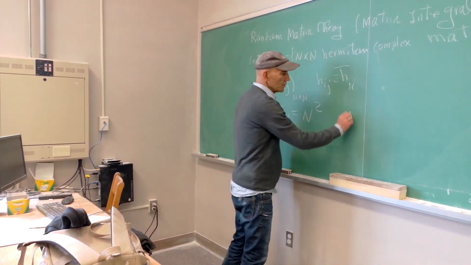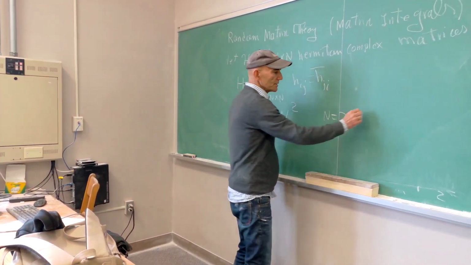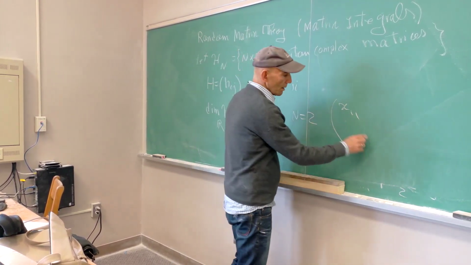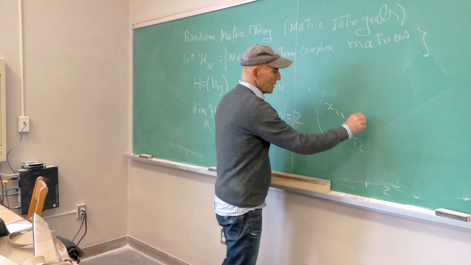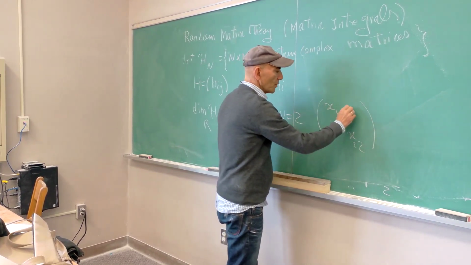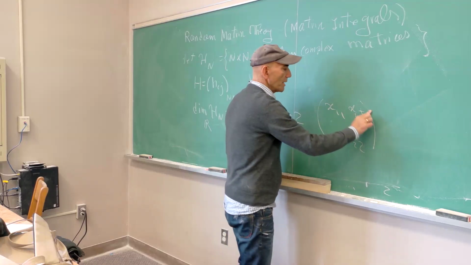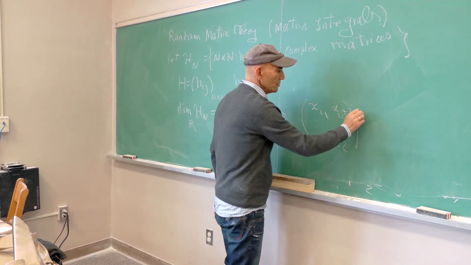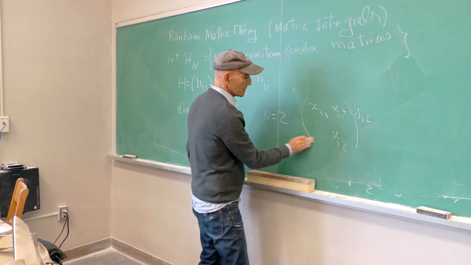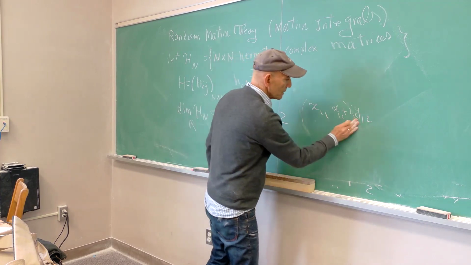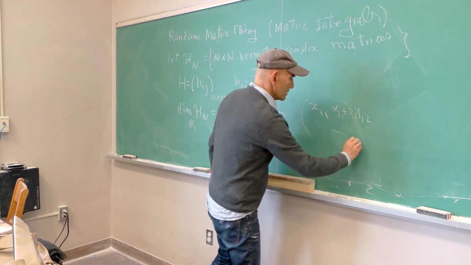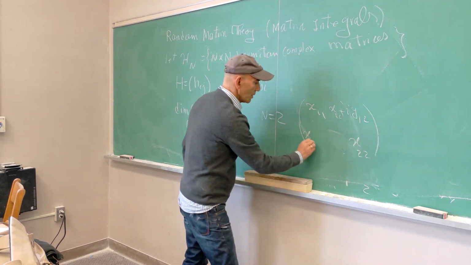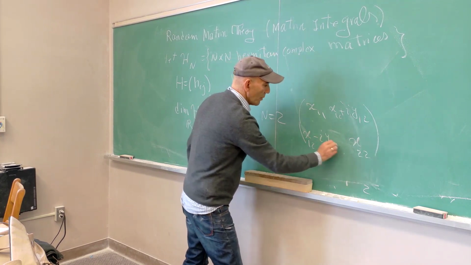Let's look at n equal to 2. Such a matrix is of the form: on the main diagonal is x11, here is x22, off diagonal is x12 plus i y12, and here is x12 minus i y12.